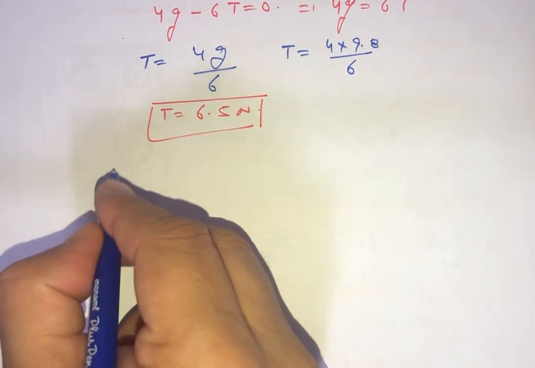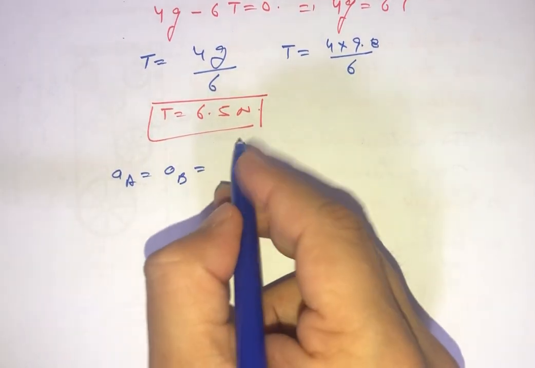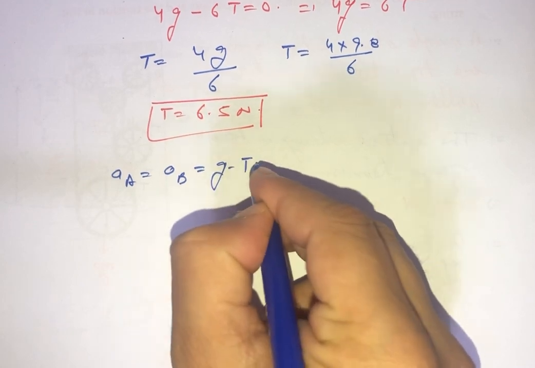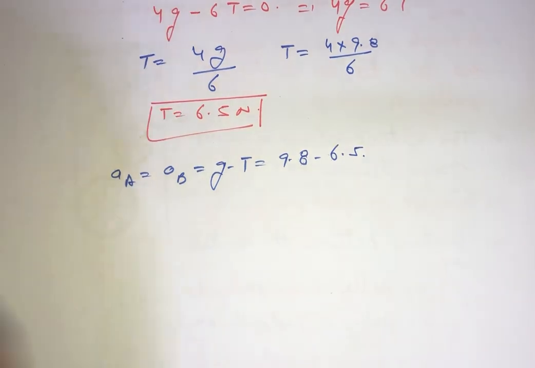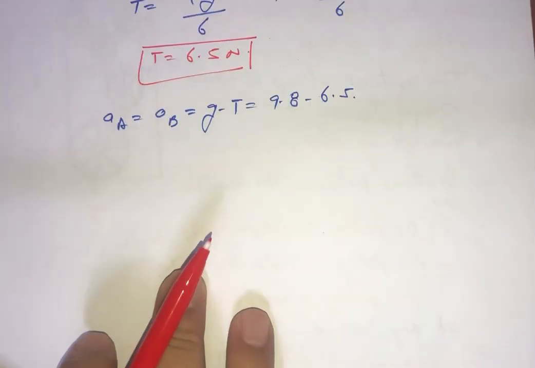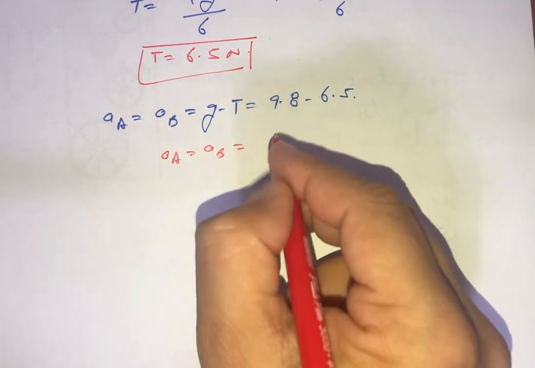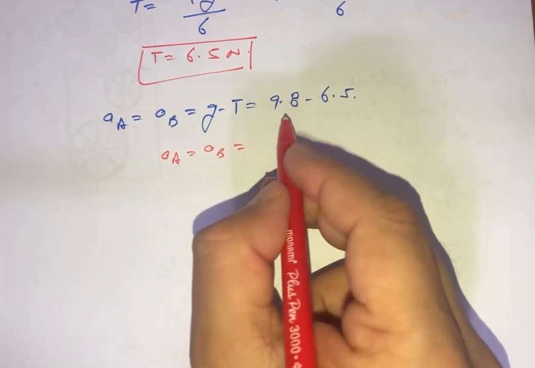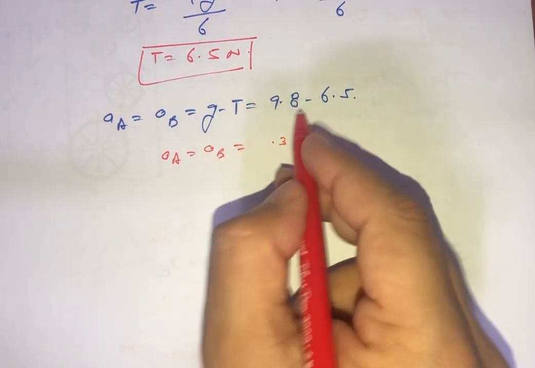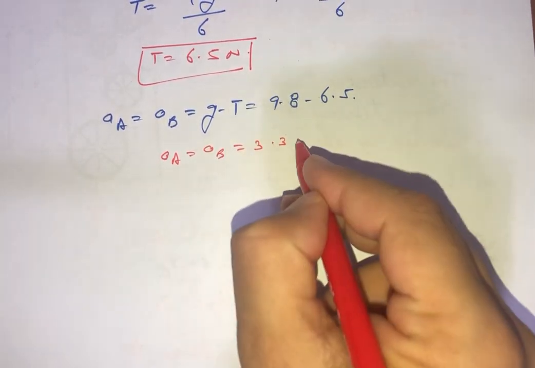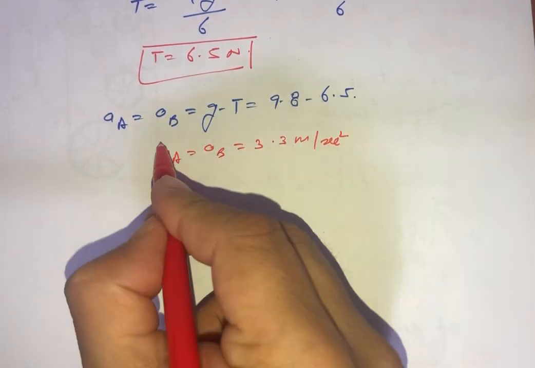So acceleration of A is equal to acceleration of B, which is equal to g minus T, that is 9.8 minus 6.5, which comes approximately to 3.3 meter per second square.